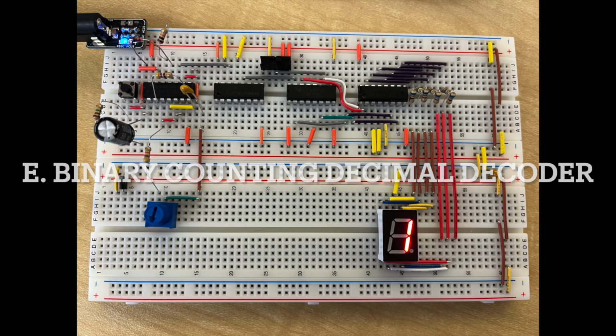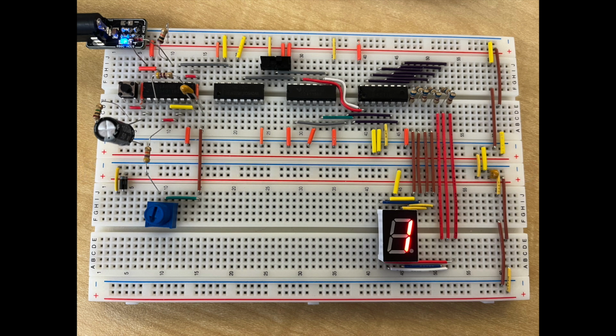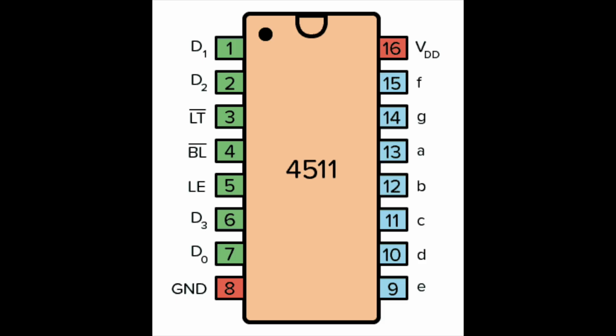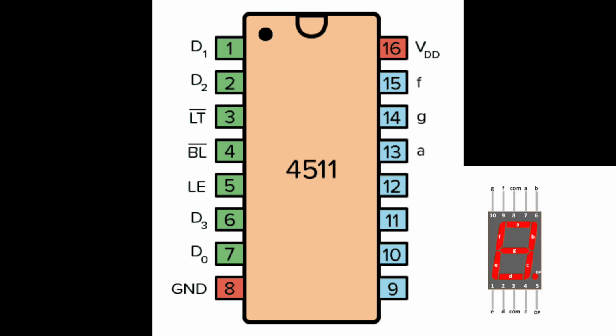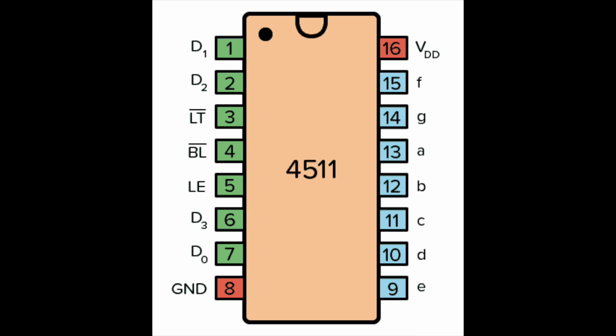The binary counting decimal decoder introduces the final chip to the counting circuit, which is also the final part to the single-digit counting. The 4511 IC pairs with the 4510 and 7-segment display, which will be talked about in the next section. The 4511 IC uses internal code to receive a number through binary and output it to decimal with predetermined segment signals per number.